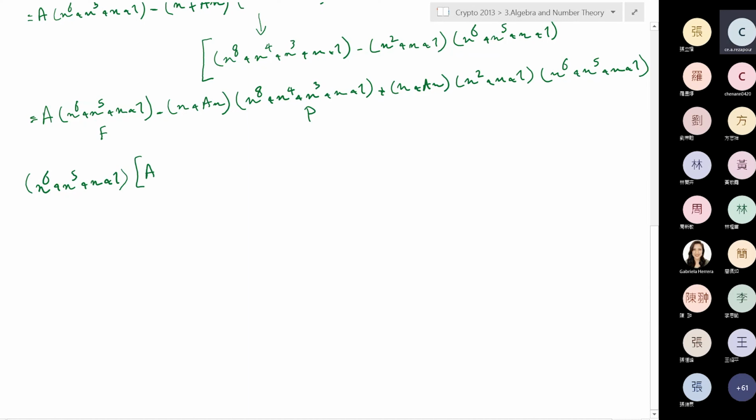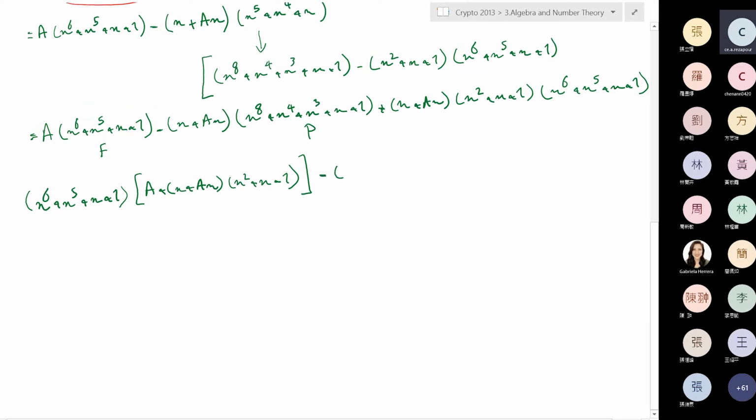And then from here, I get plus x plus ax, and then x^2 plus x plus 1 from the other side. And then I have the remaining, which is minus x plus ax, and then x^8 plus x^4 plus x^3 plus x plus 1, right? So this is my p, this is my f, this is my c, and this is my d, right?